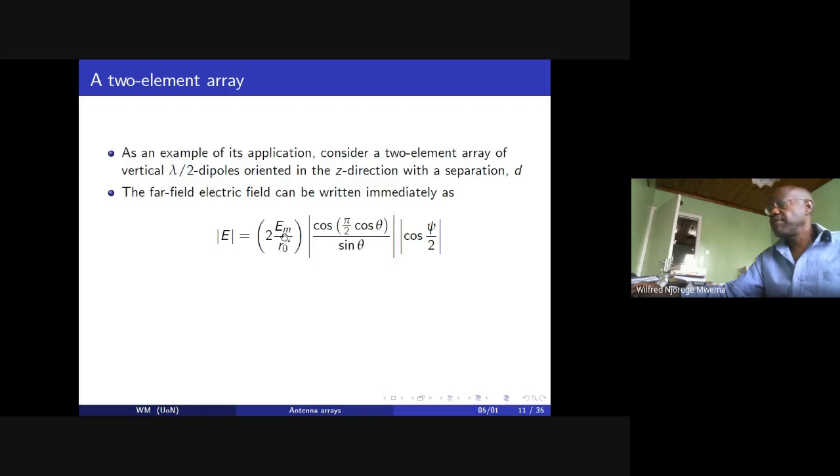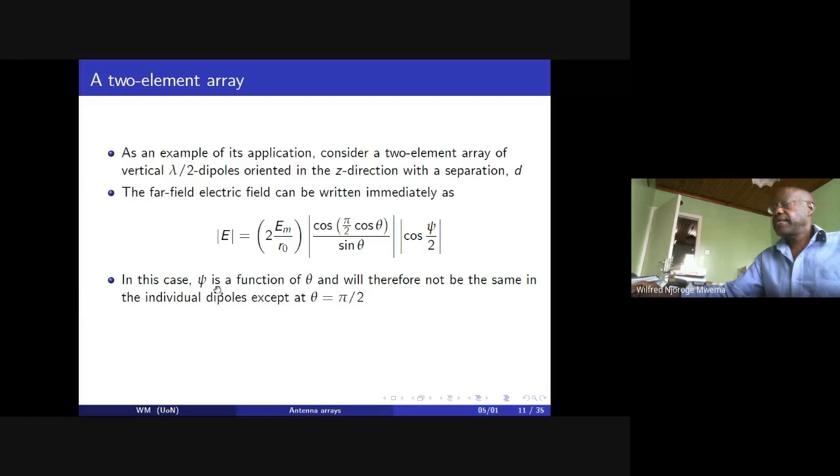And then for KL, which is K multiplied by lambda by 2, we'll see that it will be 90 degrees, and therefore the cos KL will disappear, and we are just left with these values of theta multiplied by the amplitude factor that we have already seen before.